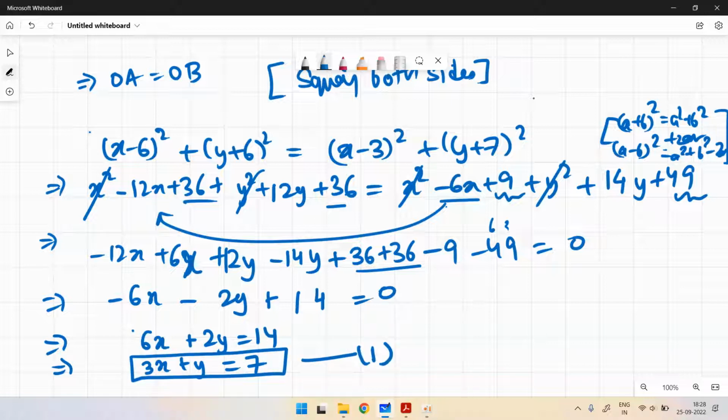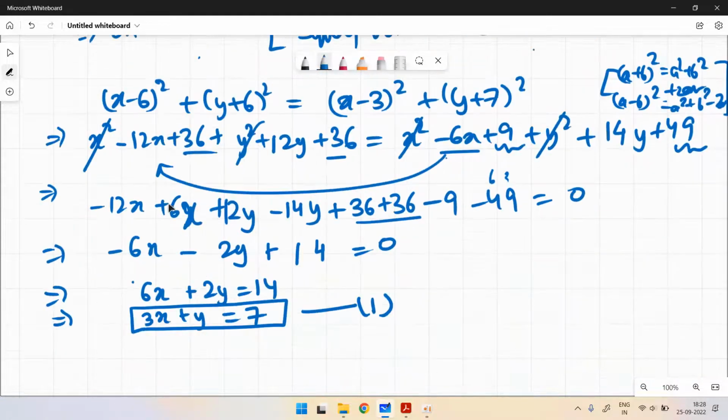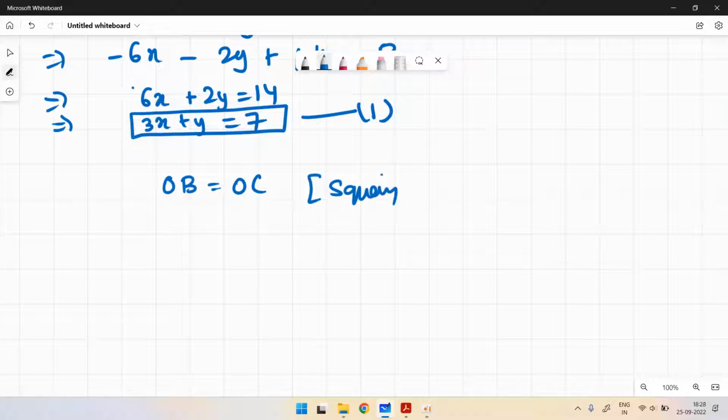I will write it as equation 1. You have equated OA and OB. Now if I equate OB equals OC, squaring both the sides, that is OB equals OC squaring both the sides.